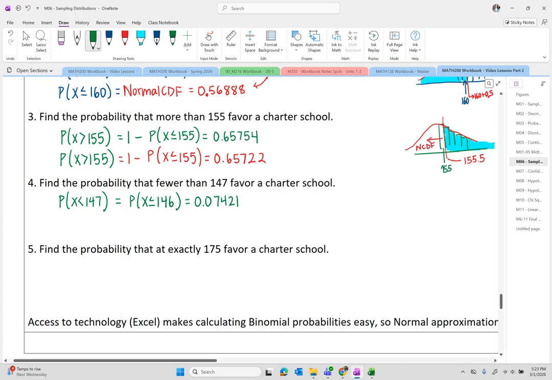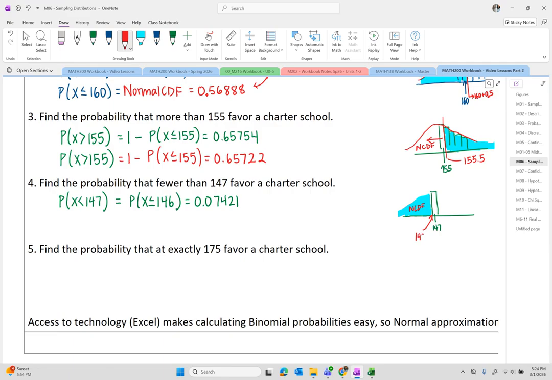In terms of a continuous random variable, if this is the rectangle for 147, and I'm looking for the probabilities less than 147, I'm going here. I am not counting this rectangle. So in terms of the normal CDF, I need this border for the area, and that will be 147 minus 0.5.